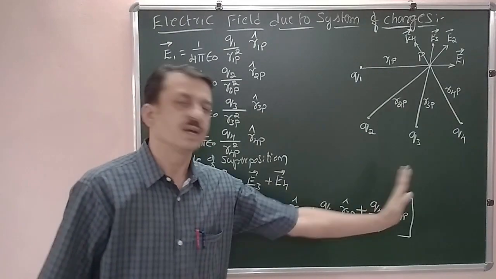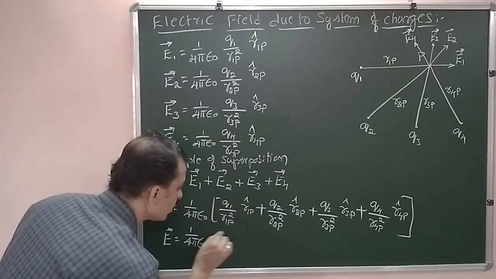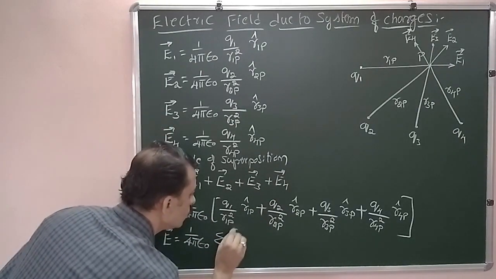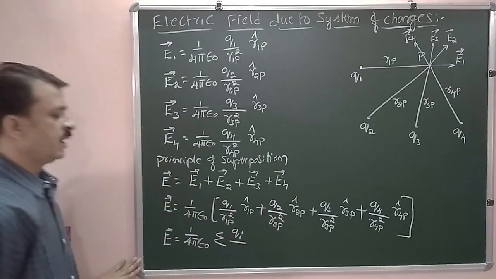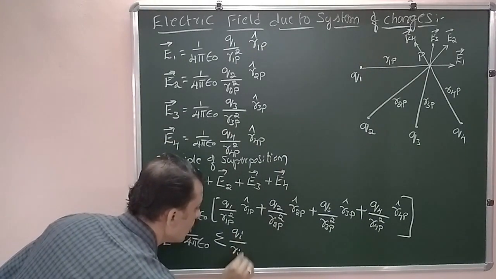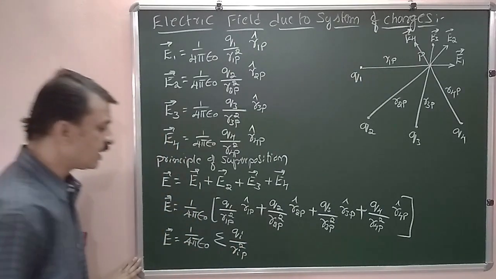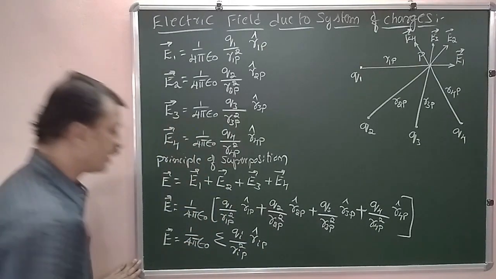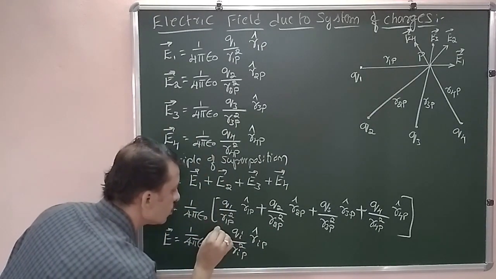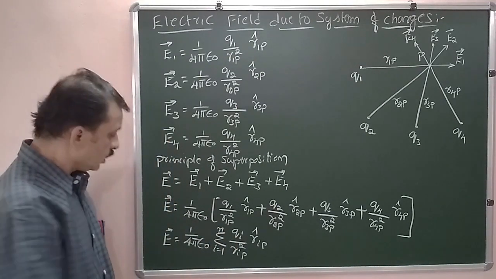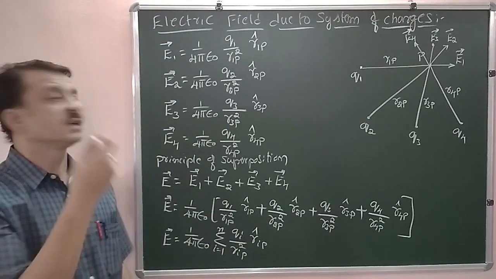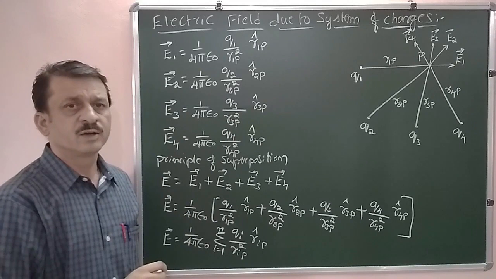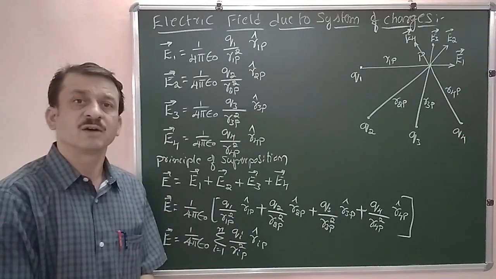Instead of writing each and every term, we use the sigma notation, into Qi divided by RIP square into RIP cap, that is the unit vector, where i takes the values 1 to n. Now this expression gives the vector sum of the electric field at a point for a system of n number of charges.